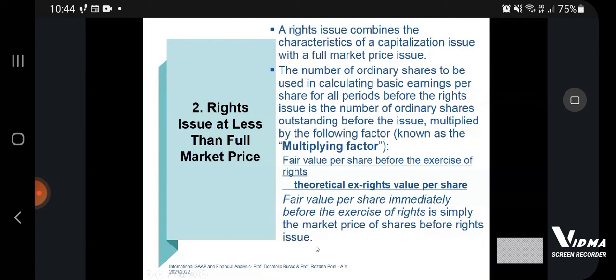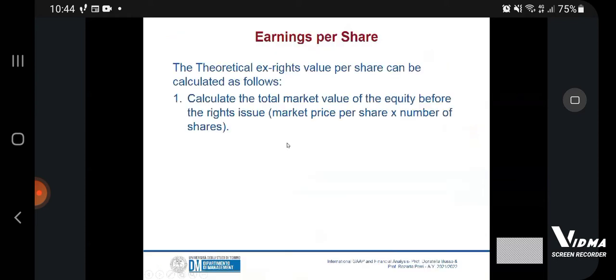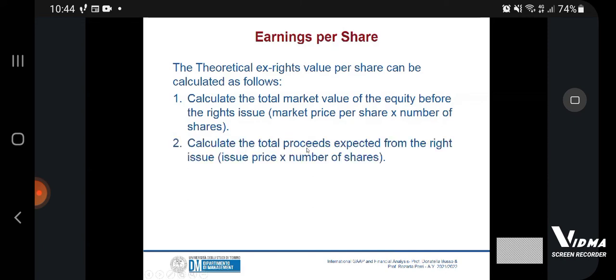This needs a formula to be calculated, and the formula is over here. The theoretical X rights value can be calculated by combining the total market value of the equity before the rights issue, and that is the product between market price per share multiplied by number of shares, plus the proceeds that we are receiving from the rights issue.